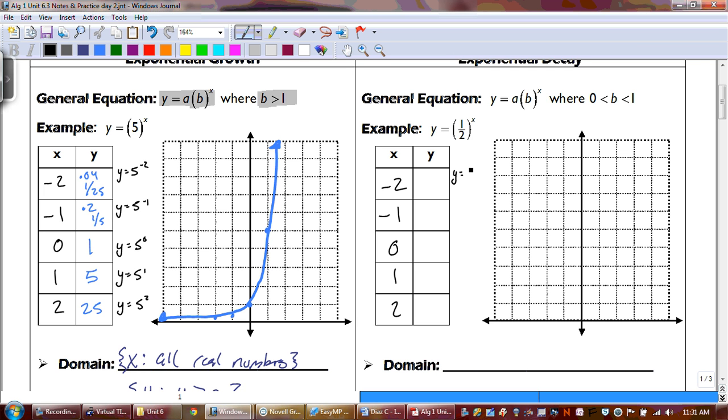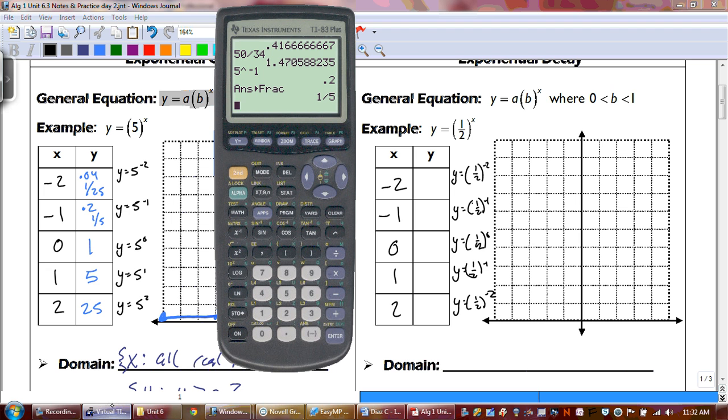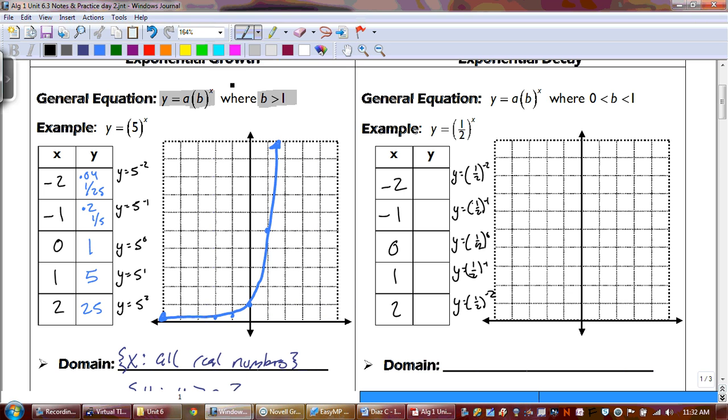So y equals 1/2 to the -2, y equals 1/2 to the -1, and so on. We're talking about a fraction, so I'm going to make sure to put it in parentheses, raised to the -2, and we get our answer of 4.